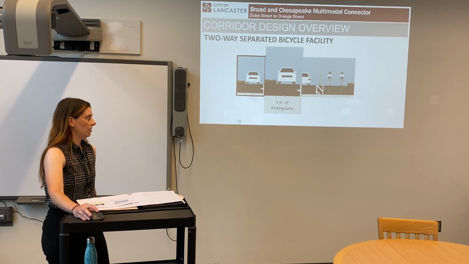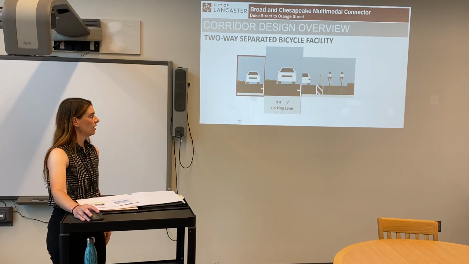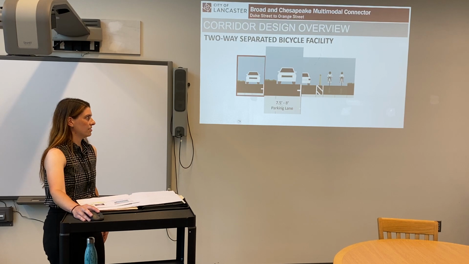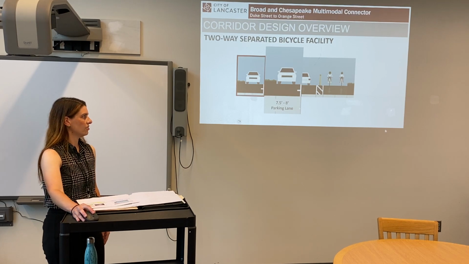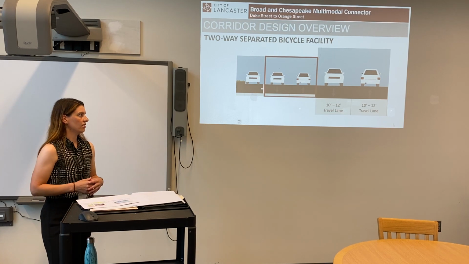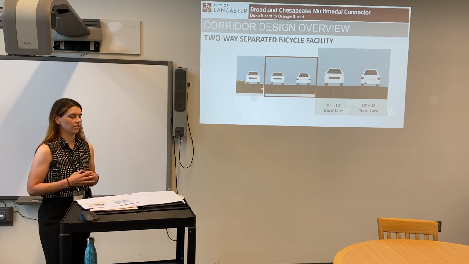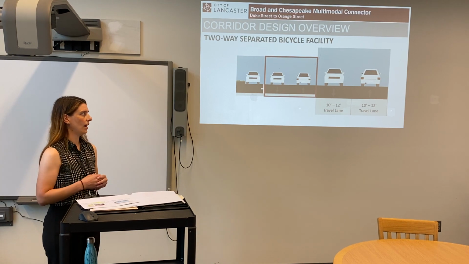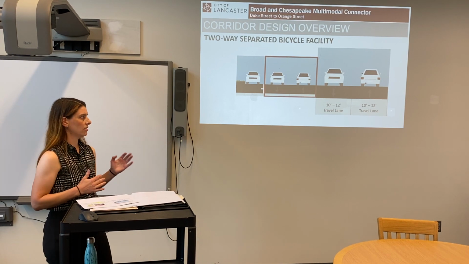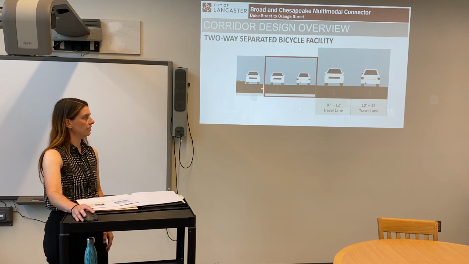But typically, the width of the parking lane is 7.5 feet to 8 feet. And it's 7.5 feet at pinch point locations only. The travel lane varies from 10 feet to 12 feet, but the majority of the travel lanes along the corridor are 11 feet wide. Only at the pinch point, on this block here, is where they would be 10 feet.